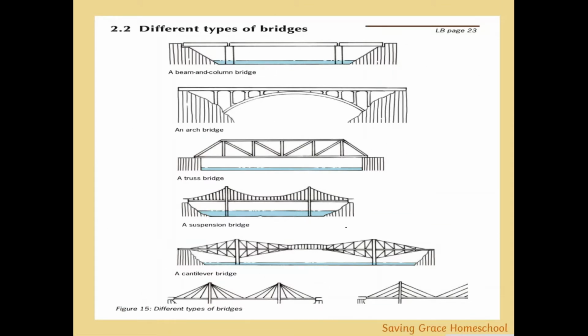So we want to continue this discussion. Now that we've shown how to support a flat structure that you use to access something or bear weight, you've got this flat sheet, and this is very similar to a bridge. There's a number of different types of bridges. The beam and column bridge. These work similarly to that example where we strengthened the table by having those corrugations at 90 degrees.